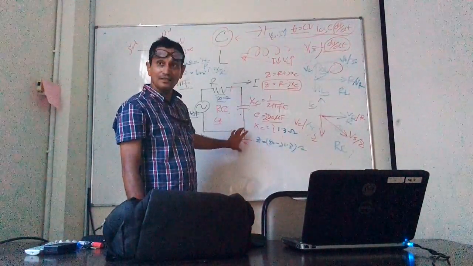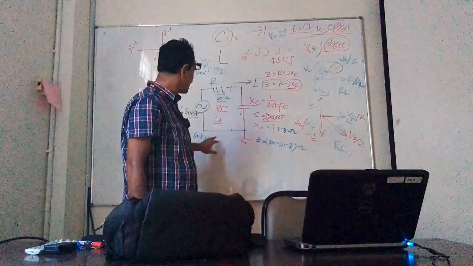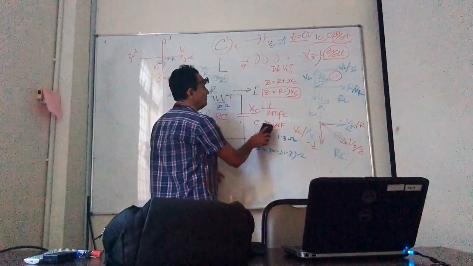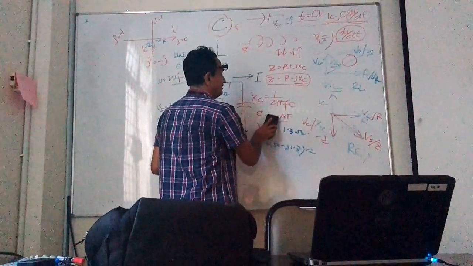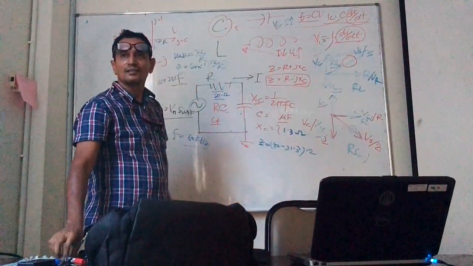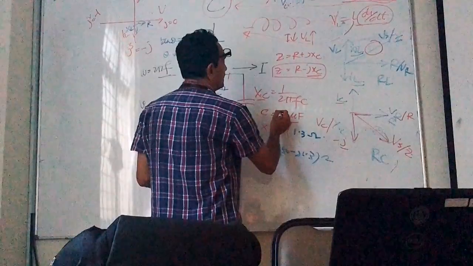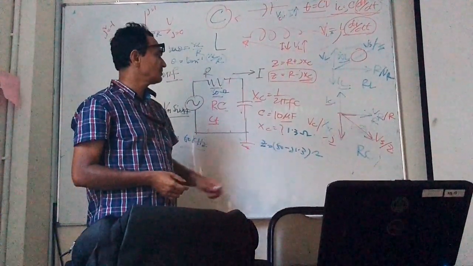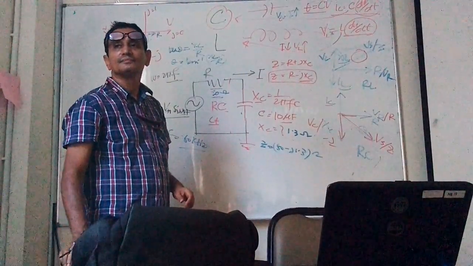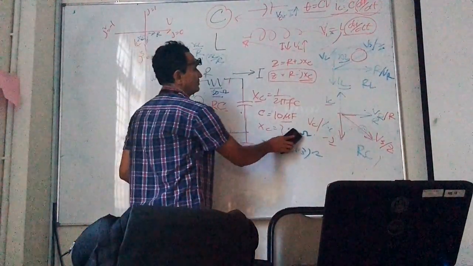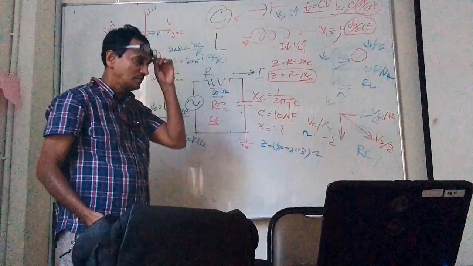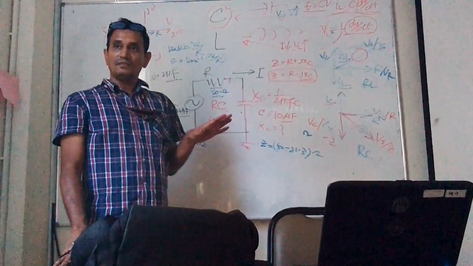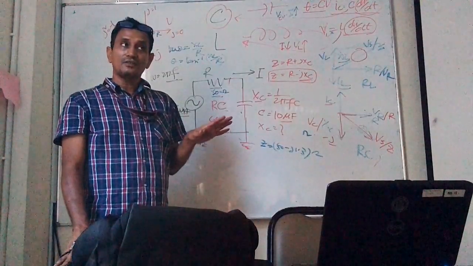That is for this particular value of capacitor. So now you change it, say it is 10 microfarad, no more 200, only 10 microfarad. How much should the value be? Whatever angle you get, 0.2, the question is whether it is negative or positive.